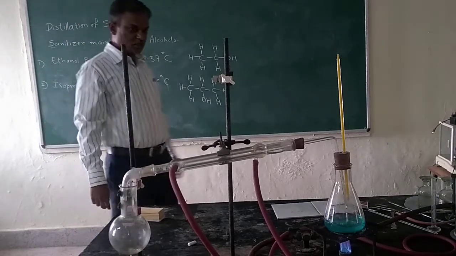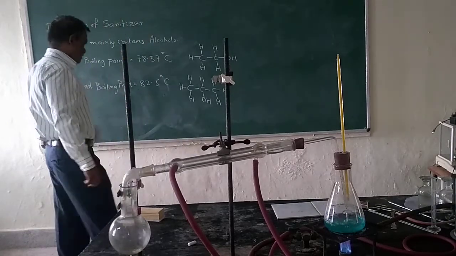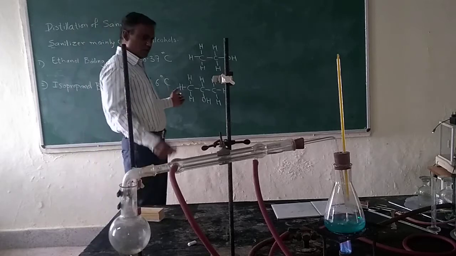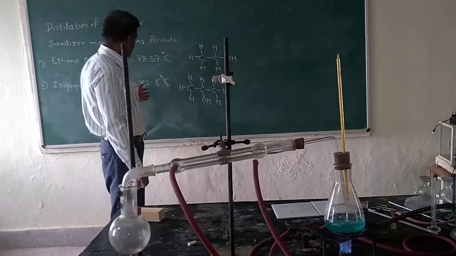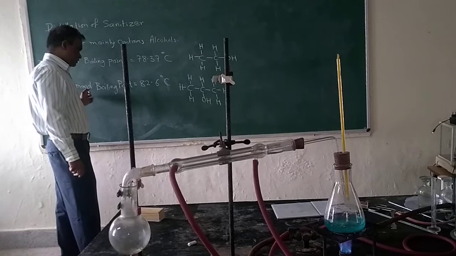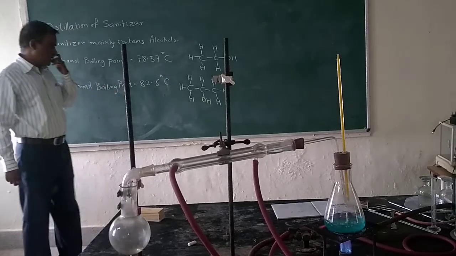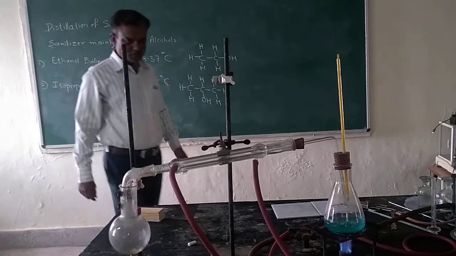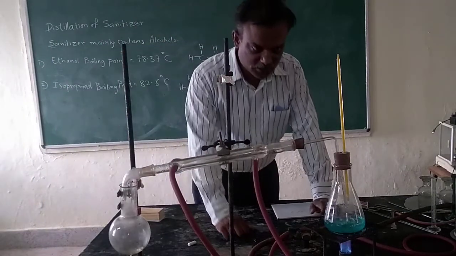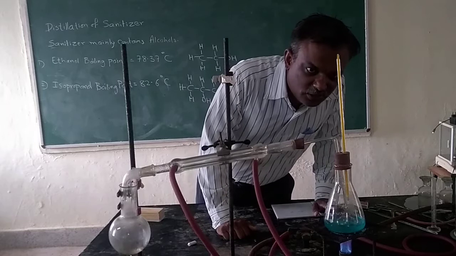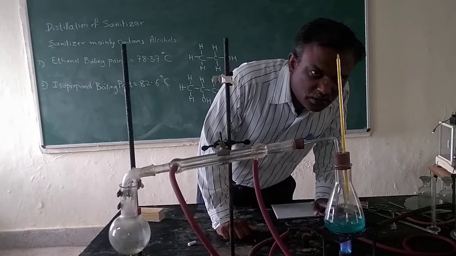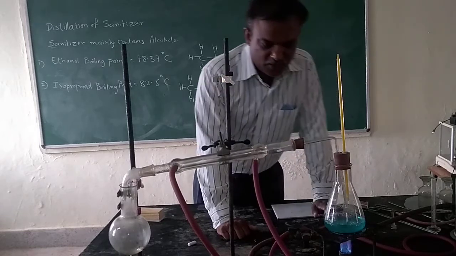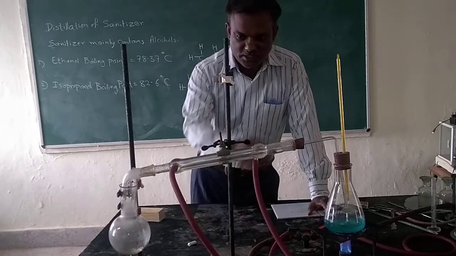82.6 degrees. So from this we know that the alcohol which is present here is isopropanol, and its boiling point is 82.6 degrees. See, the boiling is taking place and the temperature here is 82.6 degrees, and from that we can know the alcohol which is present in the sanitizer.